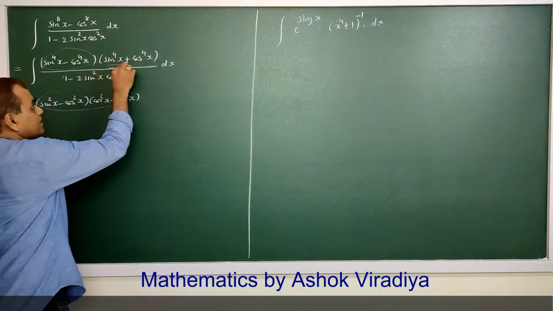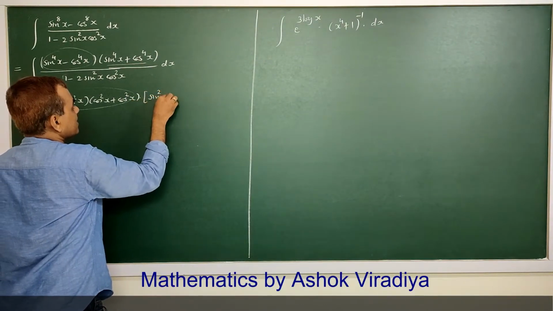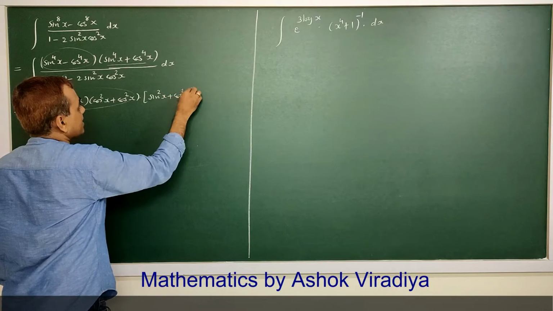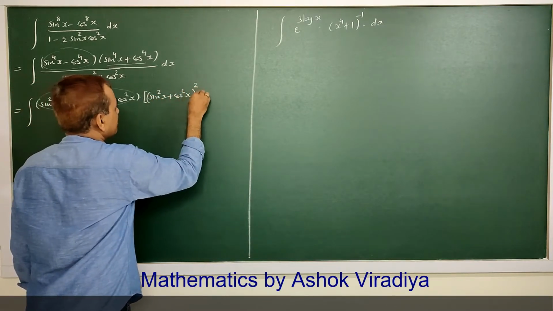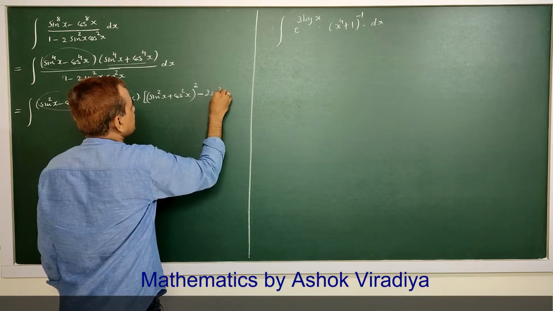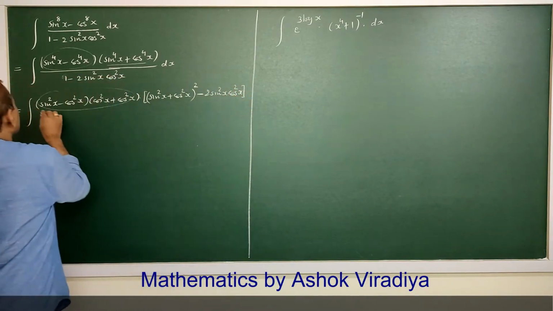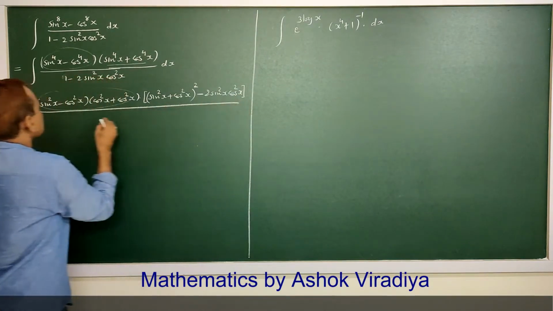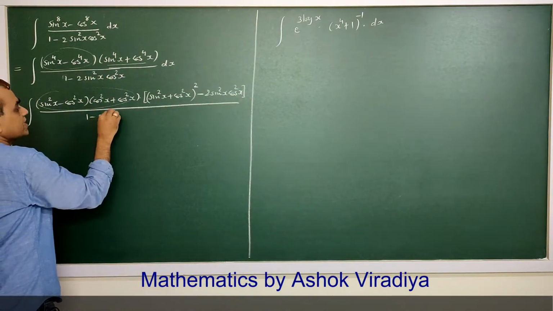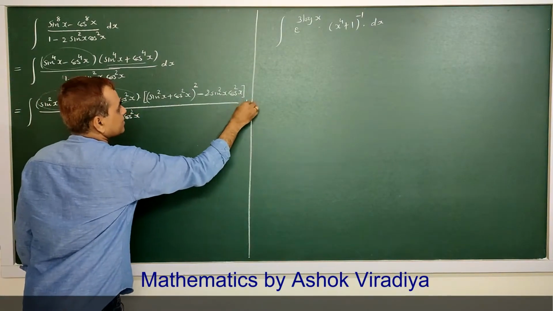And this can be expressed as (sin²x plus cos²x) whole square minus 2 sin²x cos²x, upon 1 minus 2 sin²x cos²x dx.